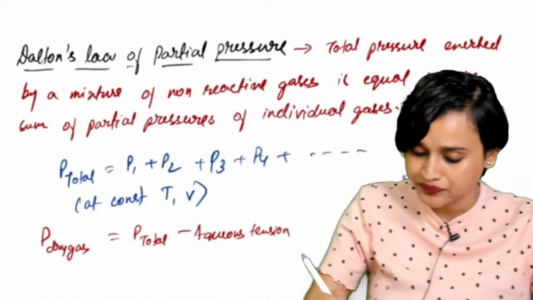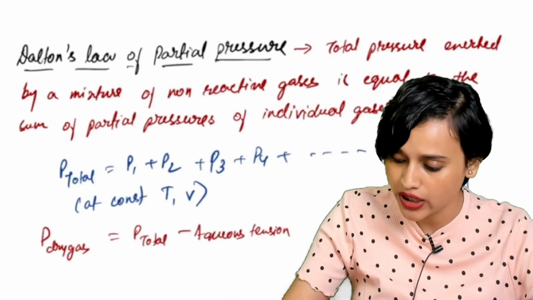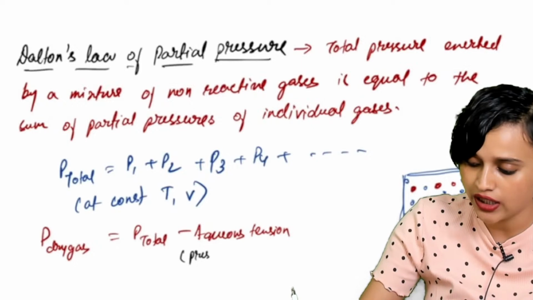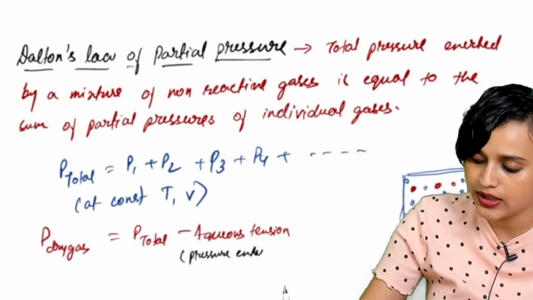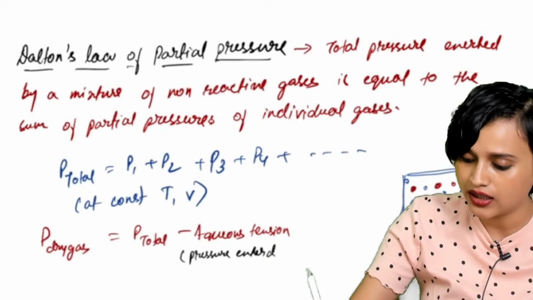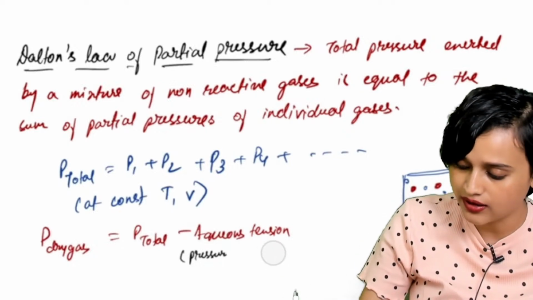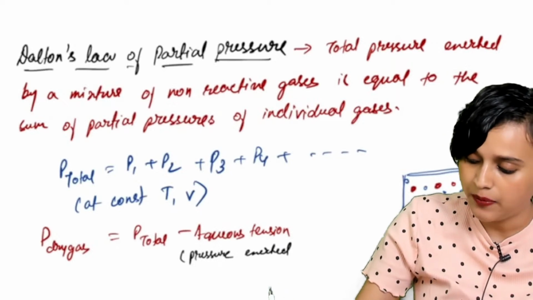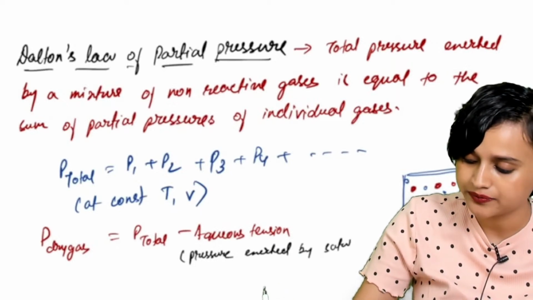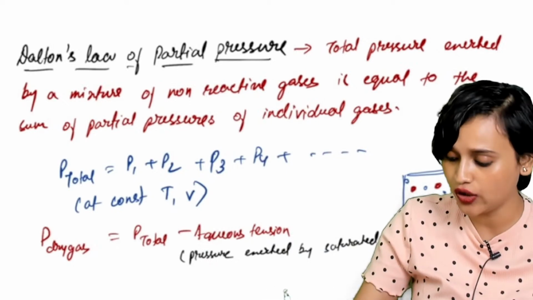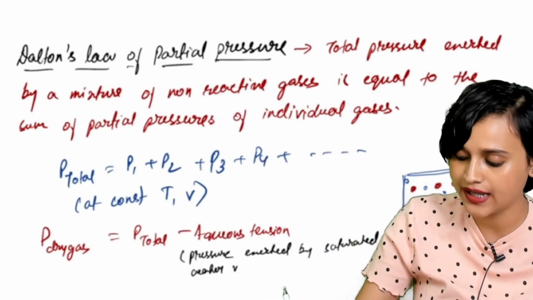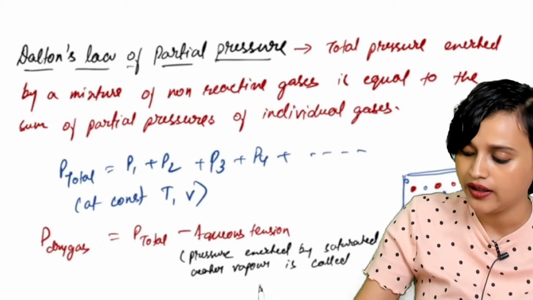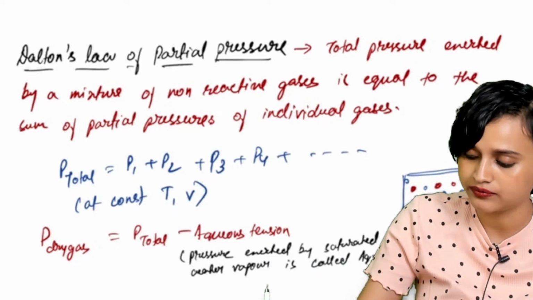Now let me write down what aqueous tension is as well. Aqueous tension is pressure exerted by saturated water vapor.